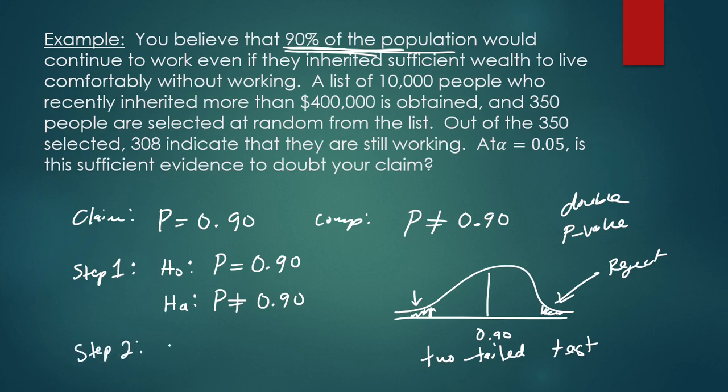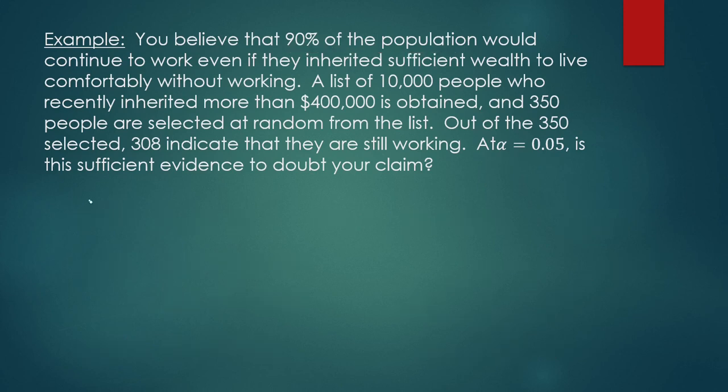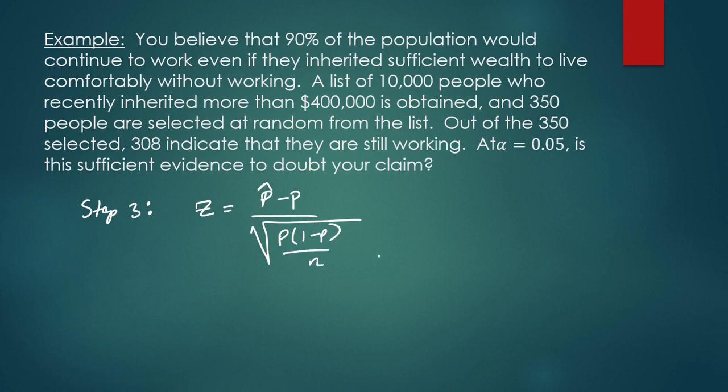Step 2, we're going to state alpha. Alpha is 0.05. Step 3, for a one-sample proportion test, we have the test statistic z equals p hat minus p over the square root of p times the quantity 1 minus p over n. p hat is equal to x over n, the number of successes.